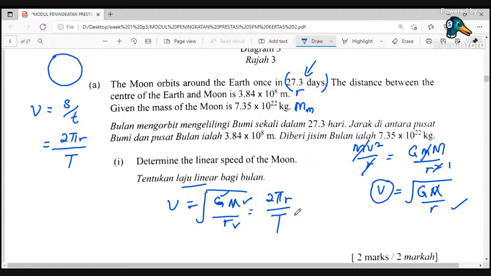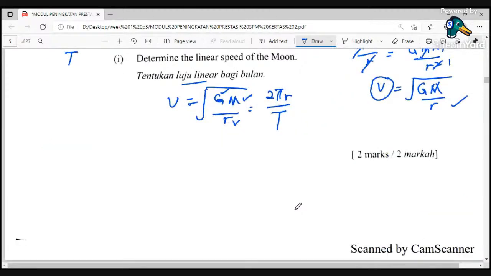So depends apa information yang diberikan. So equals 2 pi r, kita dah ada 3.84 times 10 to the power 8. Okay, period given dalam days. Kalau ikut formula ini, unit untuk linear speed ialah meter per second.